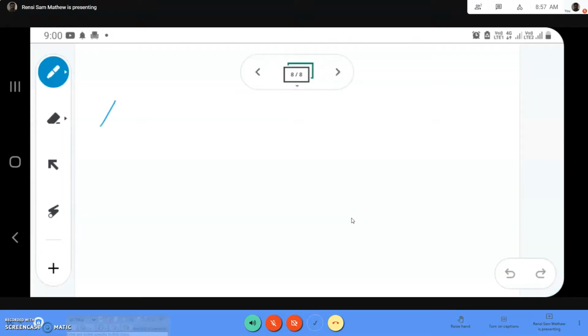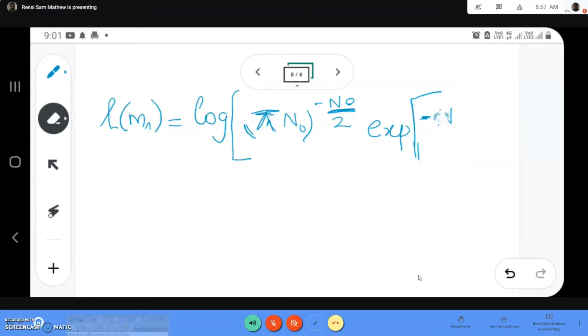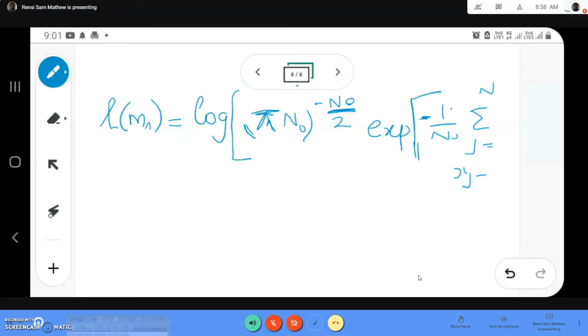So l of mi is equal to the logarithm of the entire thing: pi n0 the whole raised to minus n0 by 2, into exponential of minus 1 by n0 into the summation j equal 1 to n of (xj minus sij) the whole square. Sorry, some of my letters are not visible.